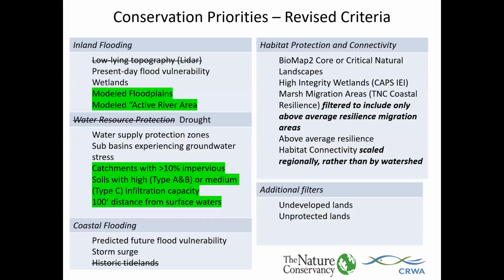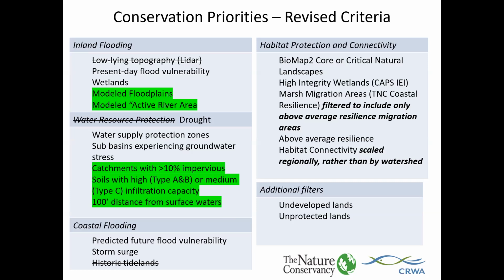Here's just a snapshot. This is basically the same slide of criteria and data layers that Julie showed, but I've highlighted in green what we've added, and what we've taken away is crossed out. So for inland flooding, there are no FEMA maps for the western part of the state. So we relied on two models.